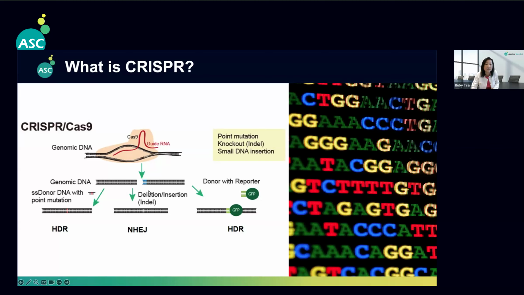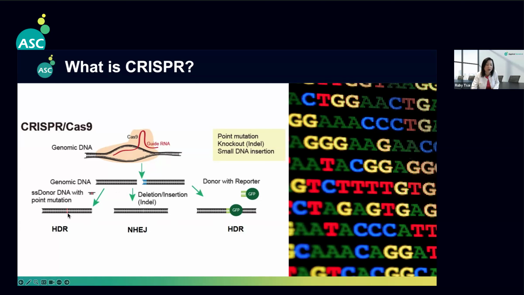And once the double-stranded DNA breaks are made, then the host recombination system kicks in. And so in the presence of donor DNA, either in a single-stranded or double-stranded form, the double-stranded breaks get repaired so that at the same time, the donor DNA gets inserted.